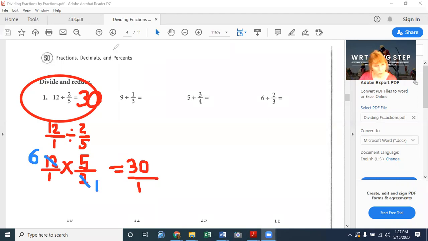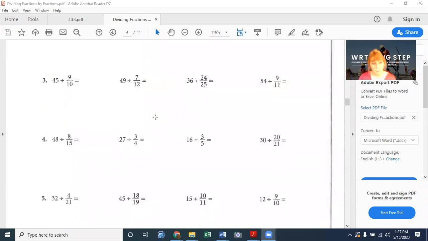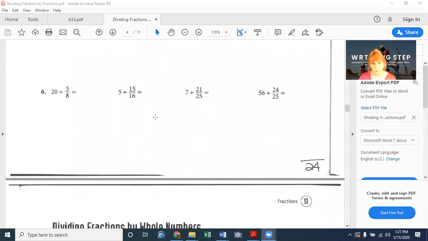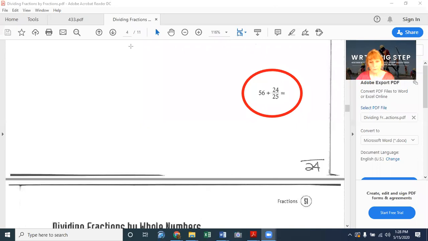Okay, let's try a little bit harder. Let's go down to row 6 and give some of these a try. Let's try this one right here. A little bit of white space here for us. Didn't seem to work. Let's try that again. There we go. Okay, so we have 56.